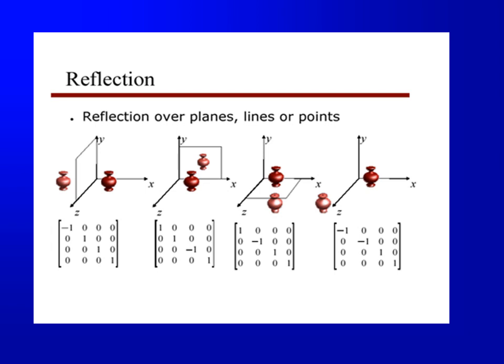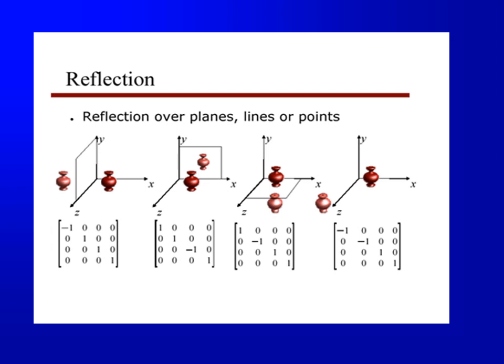Okay, then in the next diagram, the matrix for the xy plane, because the z value is -1.